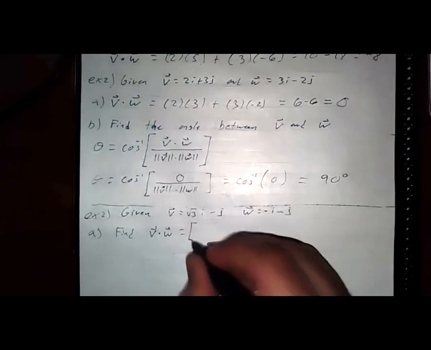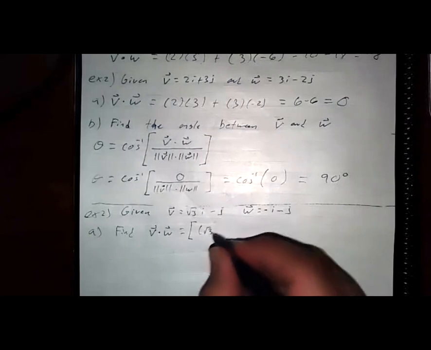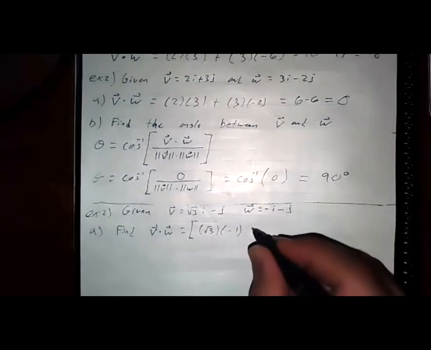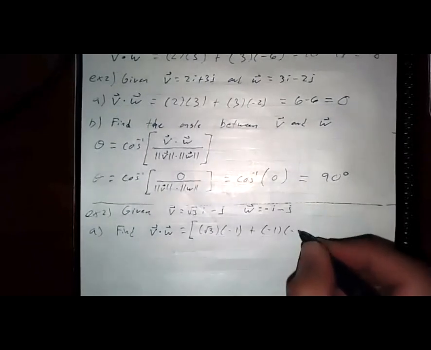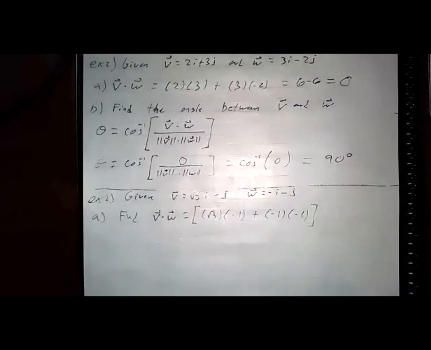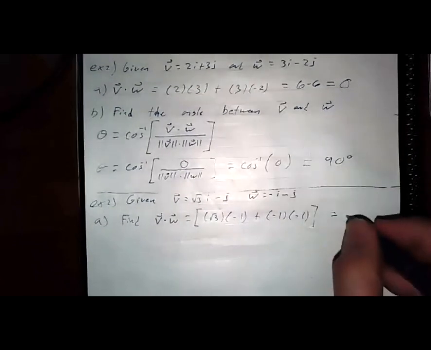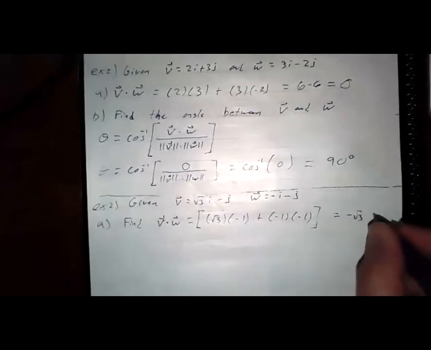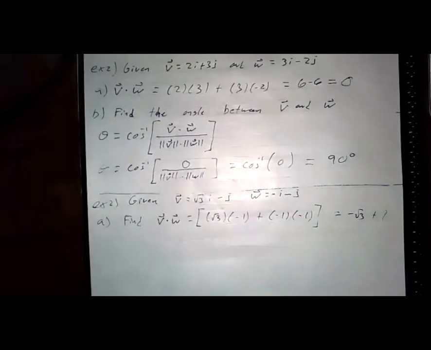So v dot w, you simply multiply the i's together. So root 3 times negative 1 plus negative 1 times negative 1. So that will give us negative root 3 plus 1. So there is my dot product. It's no longer a vector, it's just some number.